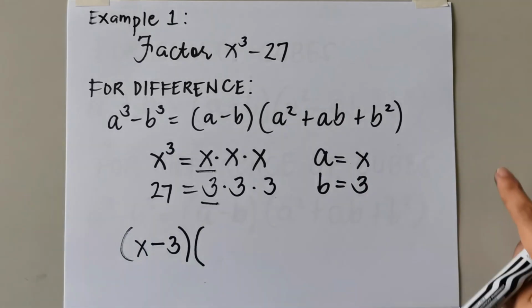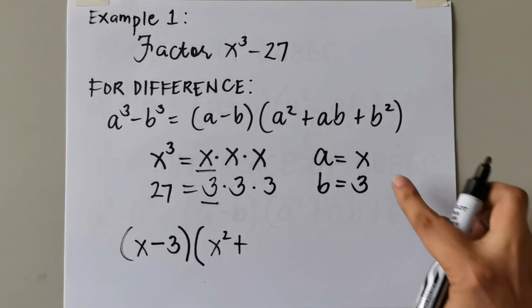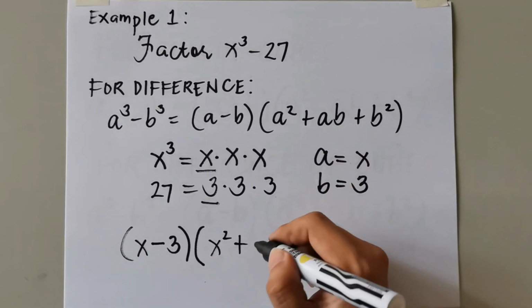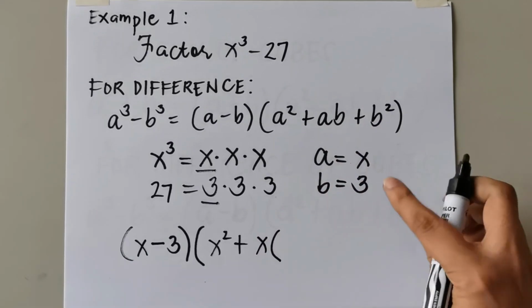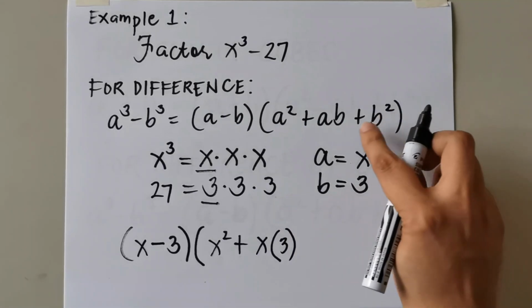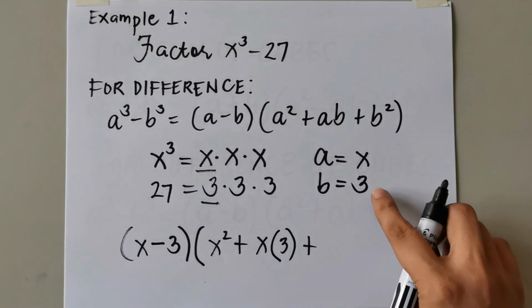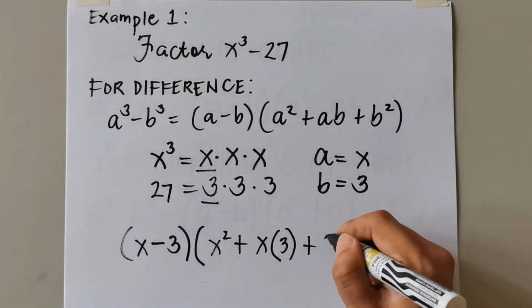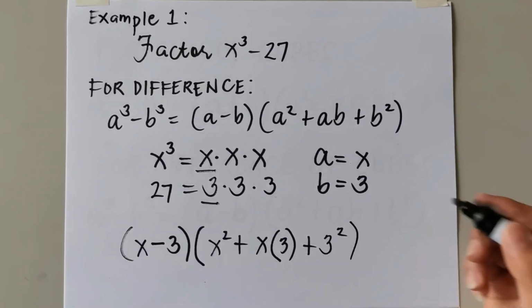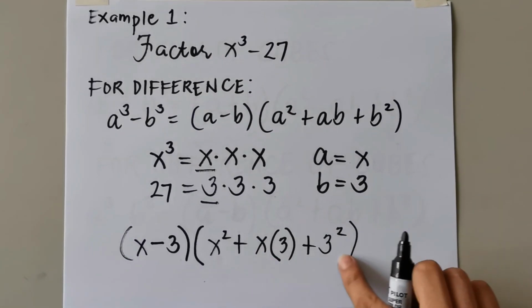So a squared, meaning x squared, plus a, which is x, times our b, which is 3. And then finally, plus b squared, which is again 3, so 3 squared.